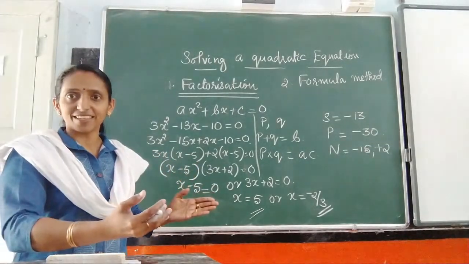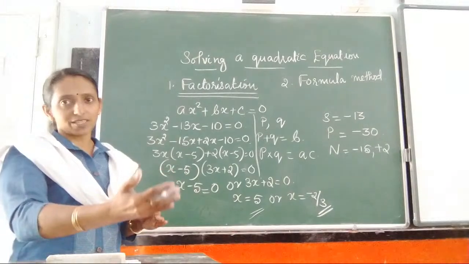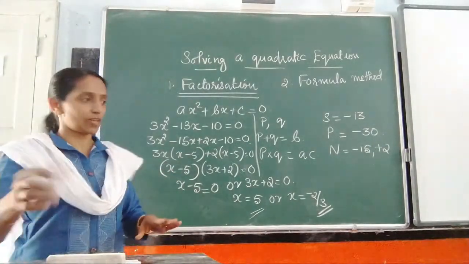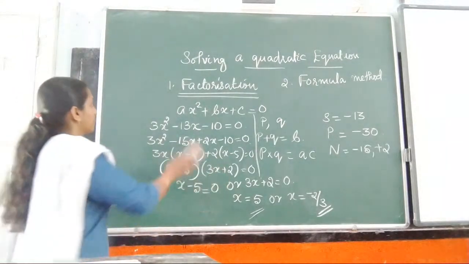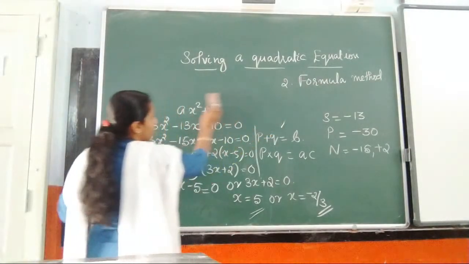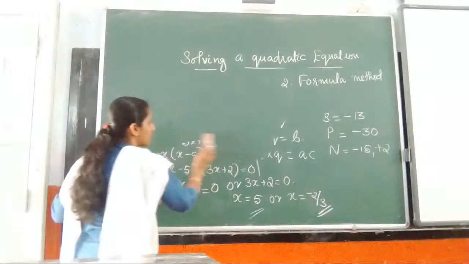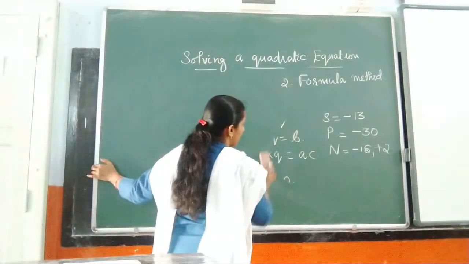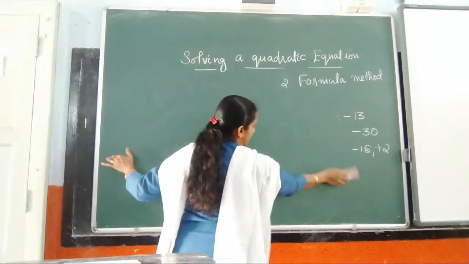Then we will apply the zero product rule, equate each to 0, and you will get both the roots of the quadratic equation. Formula method we will see in the next class. Formula method is very important.